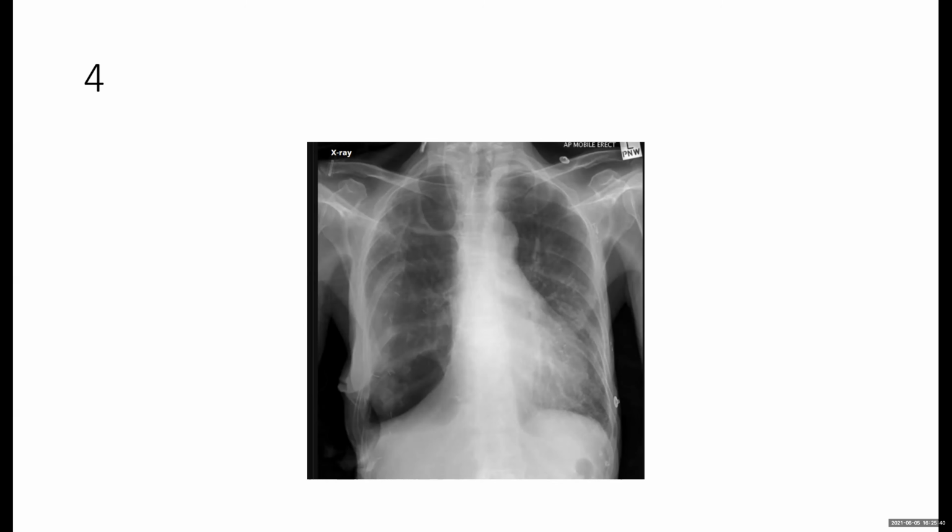Any surgical clips or anything of the sort? Yeah, I think there is some surgical clips on the right axilla or on the right chest wall. Yeah, in the left also there are some surgical clips.